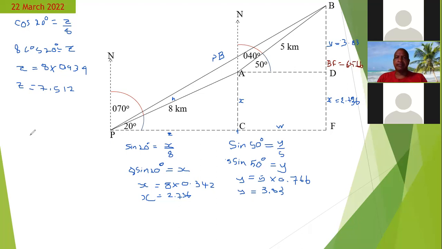Right. Then AD would correspond with CF. Exactly. So we could write W at AD too. Yes, sir. Mr. Lamar, can you go from there?